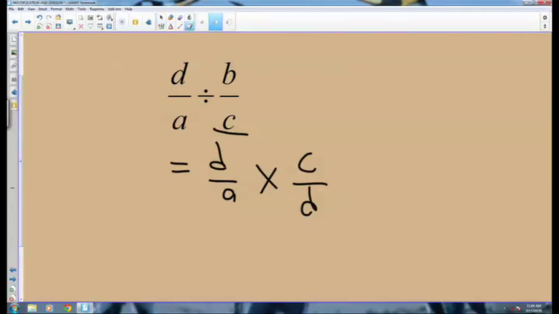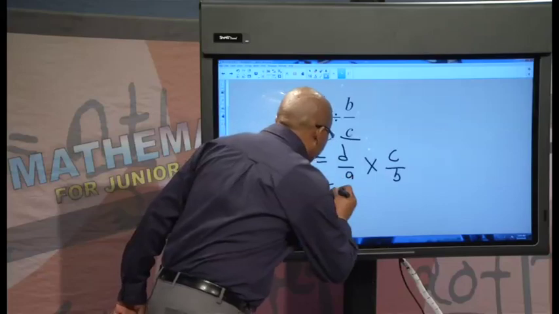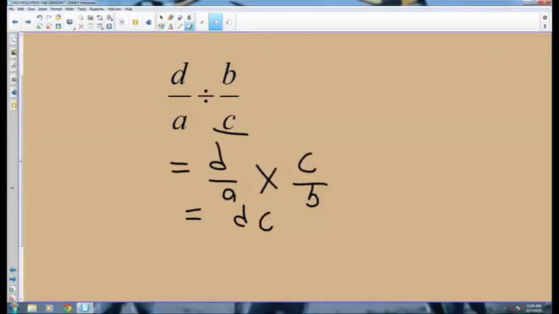It's c over b, because we invert the fraction b over c. And this is how we do it. It's now multiplication, which is similar to what we did before. So this will be d times c is dc, or cd, divided by a times b is ab. So this is the general rule.